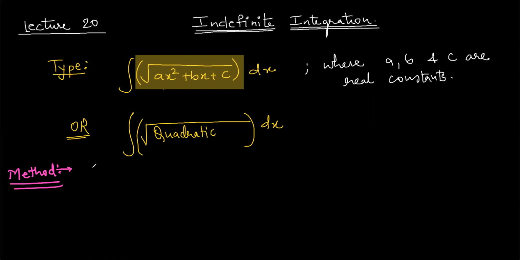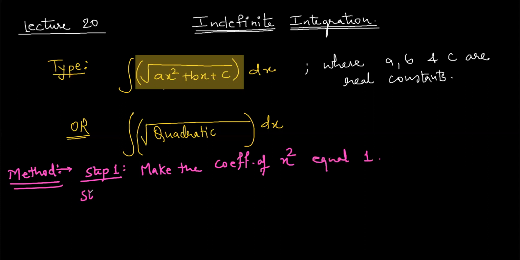So what was step 1? Step 1 was make the coefficient of x square equal to 1. Then what was step 2? Step 2 was find out the proper last term once you have made the x square coefficient equal to 1. For that, you will take a common.